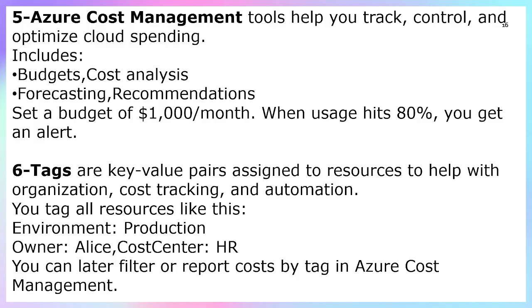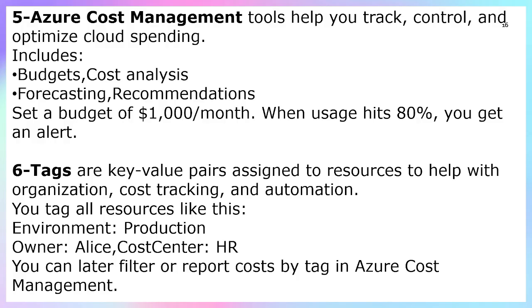In a normal way, we can say that cost management is where, for the resources we have purchased, we have an average cost. If we are crossing the cost limit, then we will get an alert, and by this we can manage our resources.